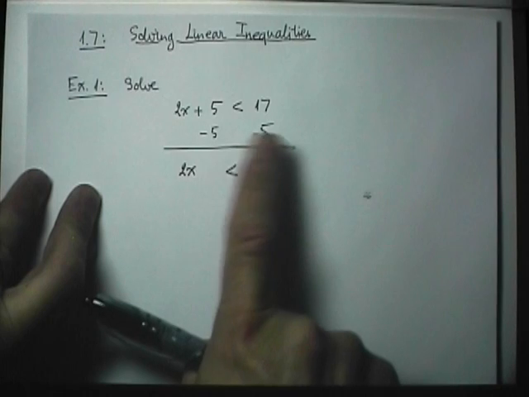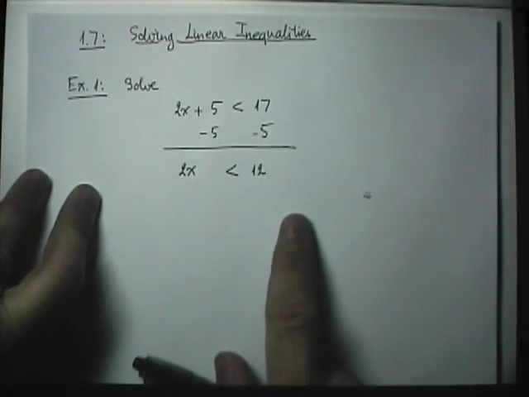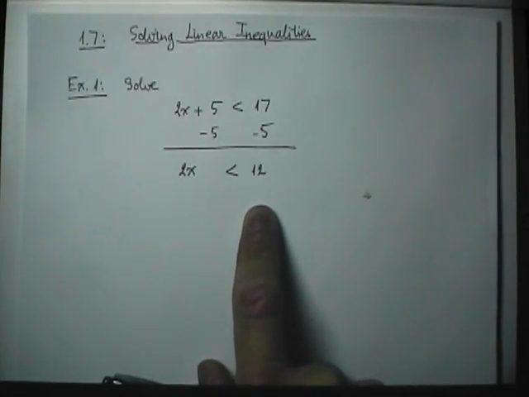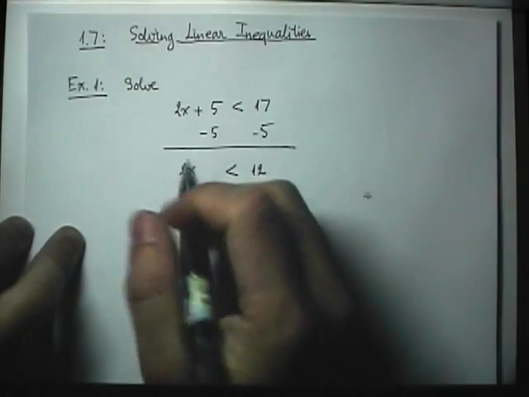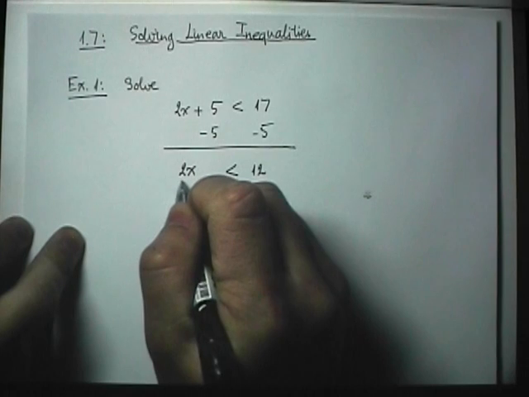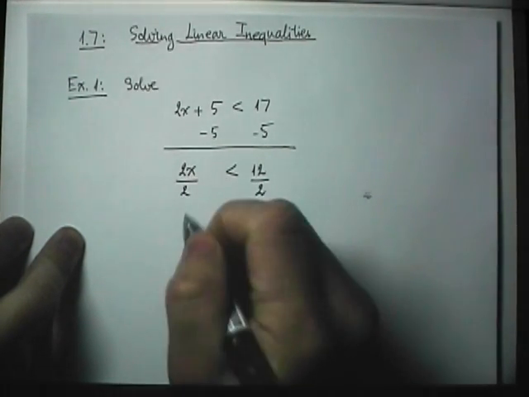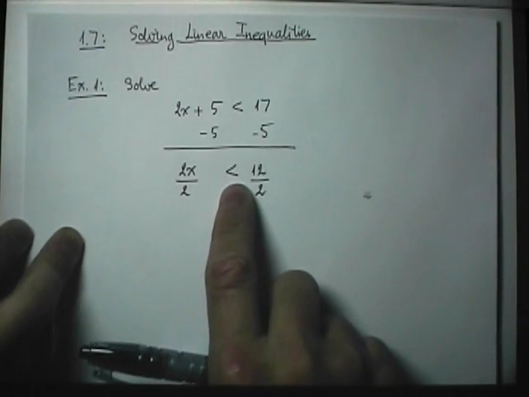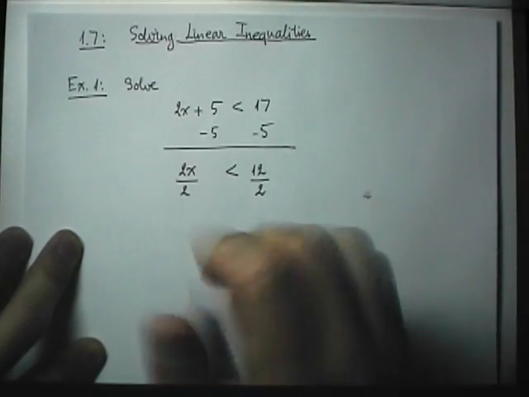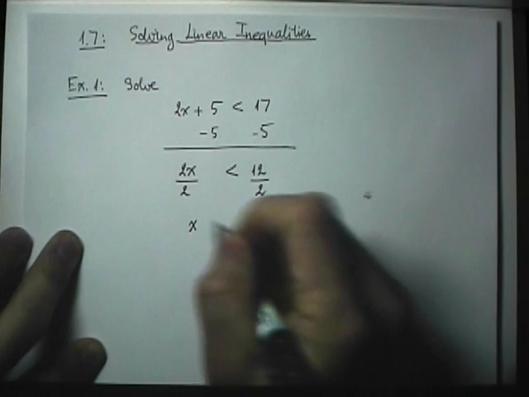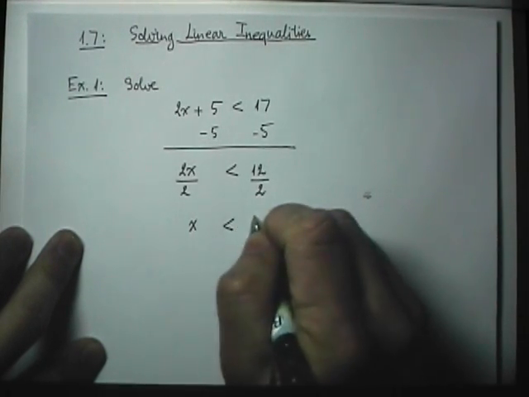Adding or subtracting a number from both sides is not going to change my inequality, and once again, this is one of the properties we already discussed in class. So here I am going to divide both sides by 2 to finally solve for x. This time I'm dividing without worrying about changing the inequality because I'm dividing by a positive number. So now my x here is going to be less than 6.